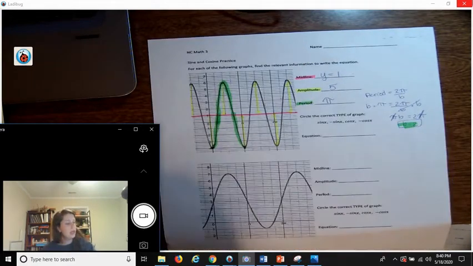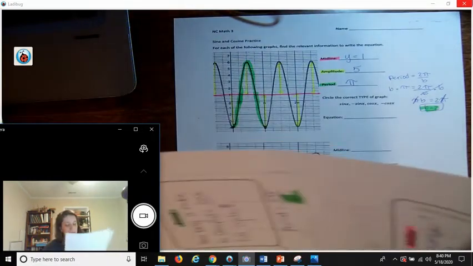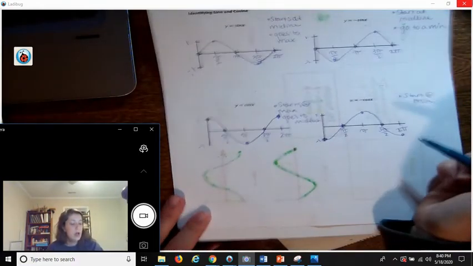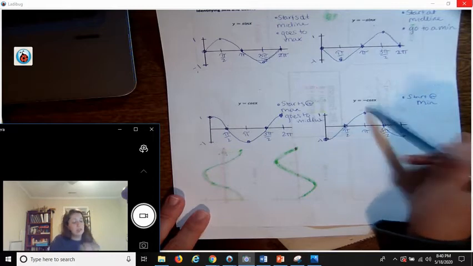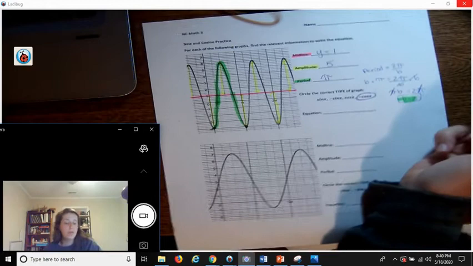If I go back to this original, the last sheet of notes, the only place where we start at a minimum is negative cosine. So negative cosine must be my correct formula.